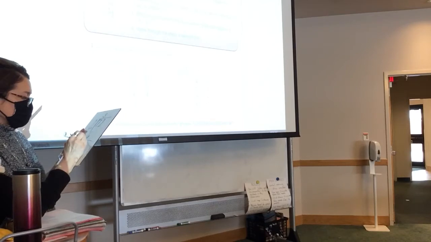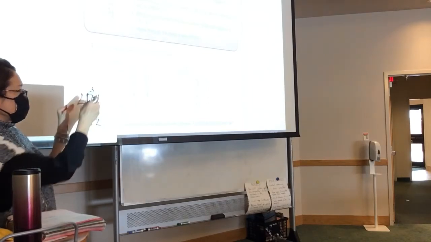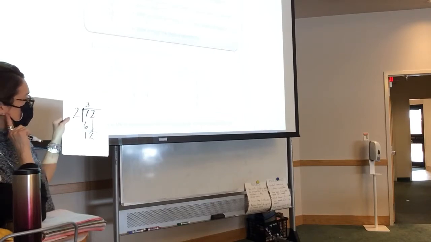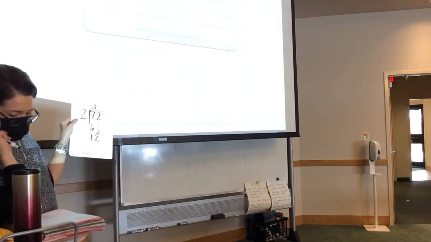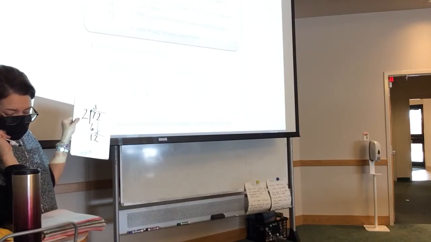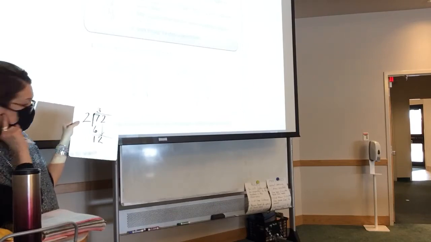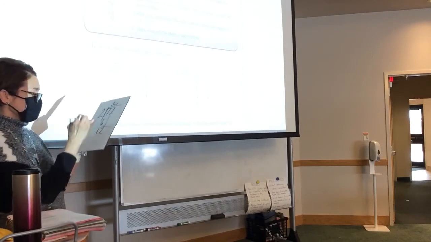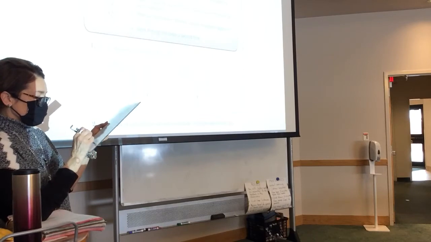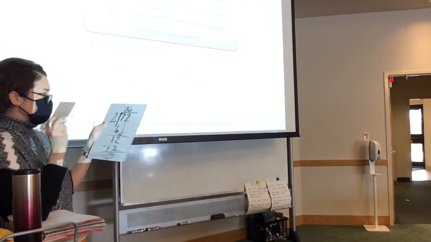Very good. So you take the 2 down. What is 12 divided by 2? 6. Very good. And then that is 12, and that is 0.